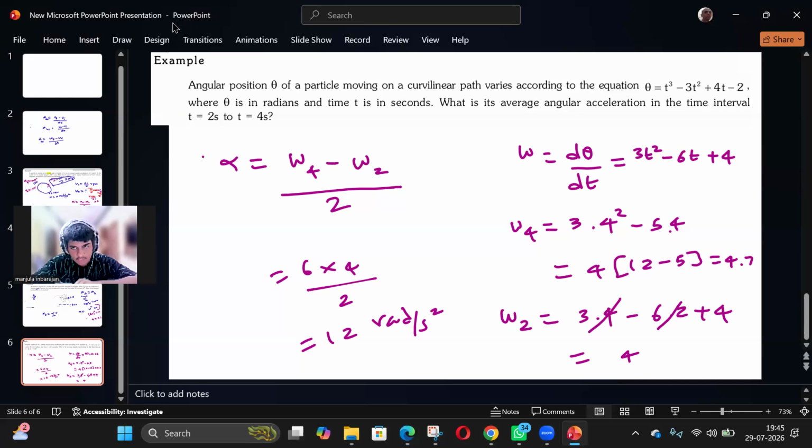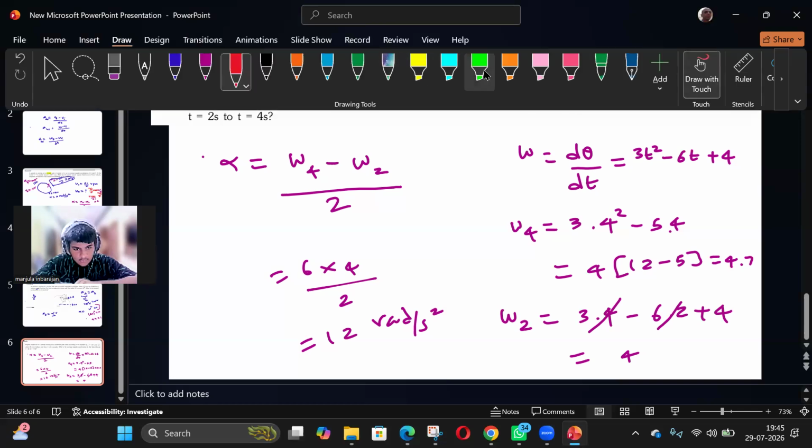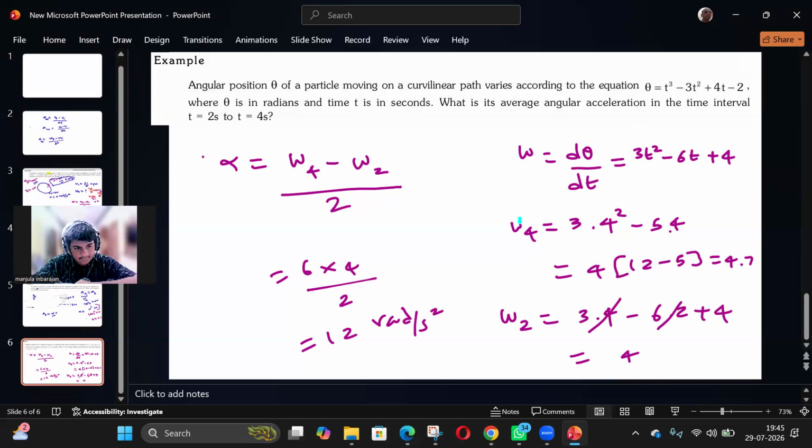What is alpha? Alpha value is 12 radians per second square. And this angular acceleration is called average. Why is it called average acceleration?